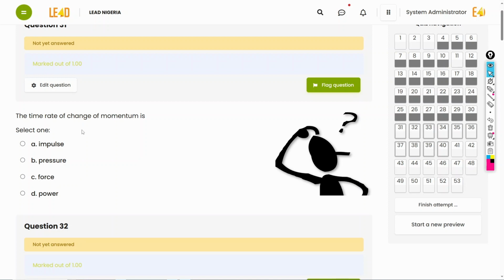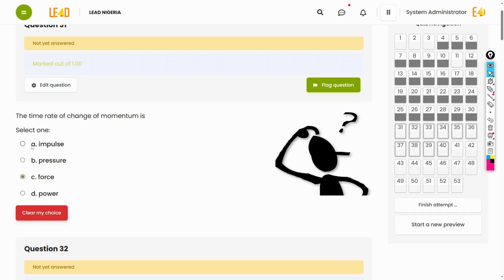The time rate of change of momentum is force. All right. So it's very tricky because some people might go with impulse, but it's actually force. And why is that? Now, if they just said change of momentum, that is mv minus mu.